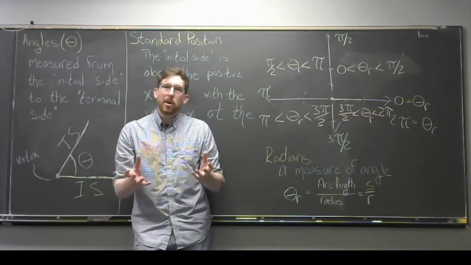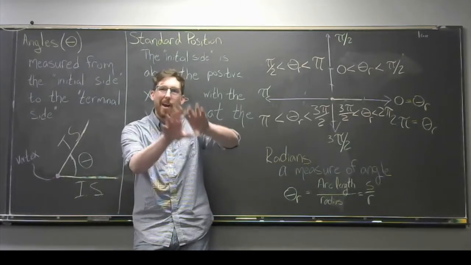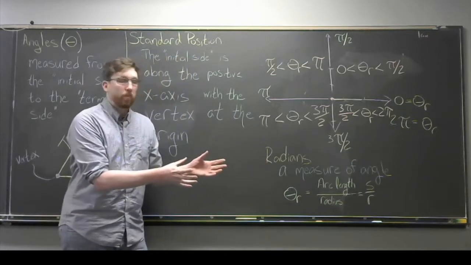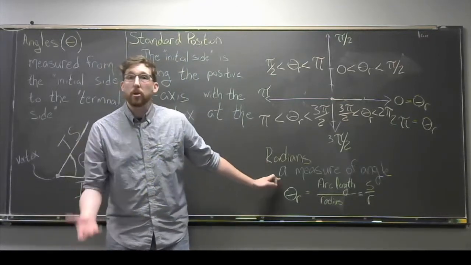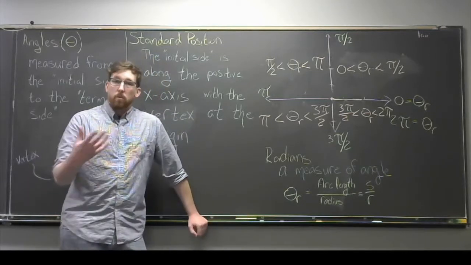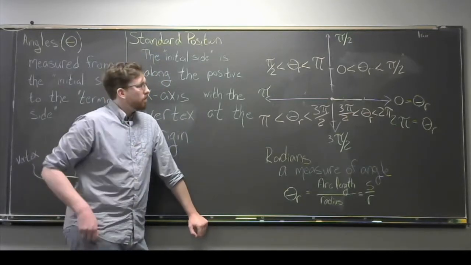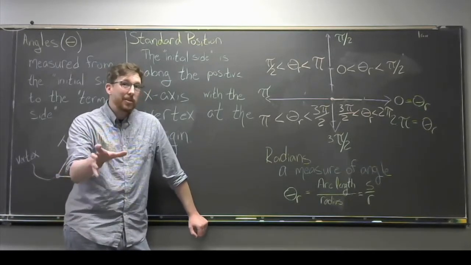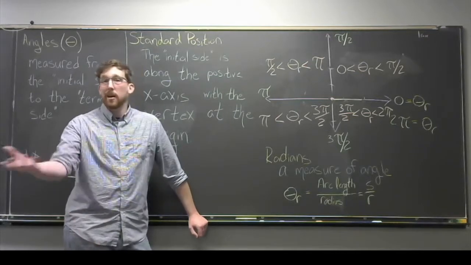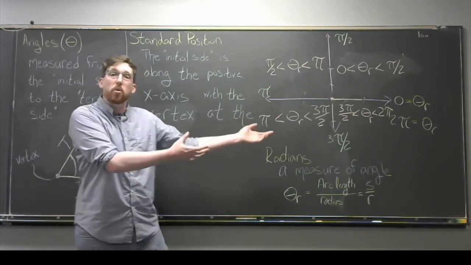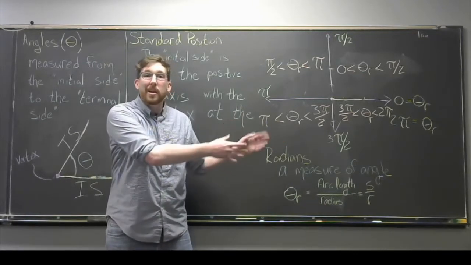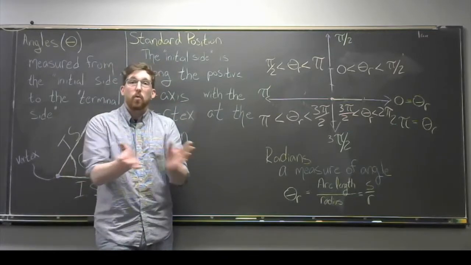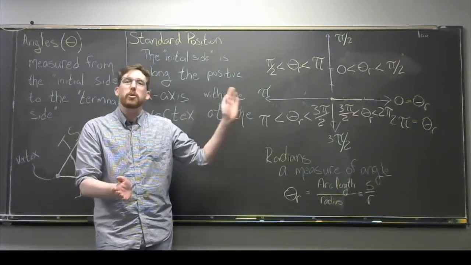And we know that the length of that arc segment is going to be related to the angle, through what are known as radians. So we're measuring the angle in radians. Moreover, because of this, I don't need to know right away what the angle is. If you can put it up in standard position, I can already give you an idea of what the angle is going to be, just because of where the terminal end lands.